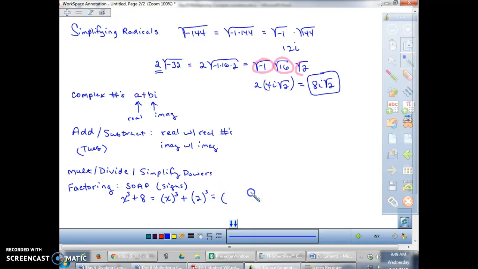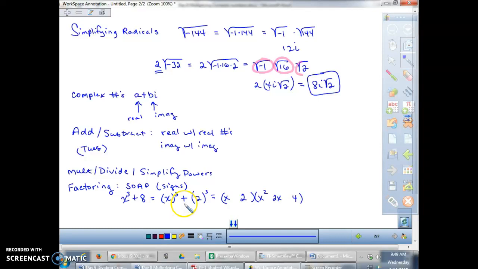And remember, you have a pattern. You have a binomial, then a trinomial. And the first base will go in the first position. The second base goes in the second position. You take the base and square it. For the first position, you take the base of x and square it. For the last position, you take the base of 2 and square it, 2 squared is 4. And then you simply multiply the two bases, 2 and x, together to get the middle term.